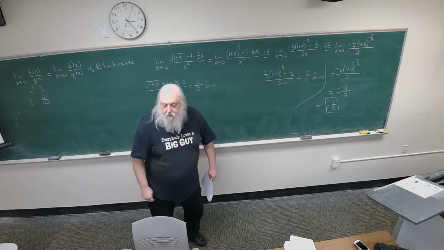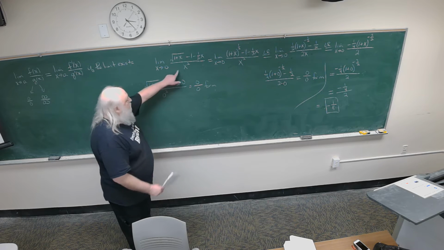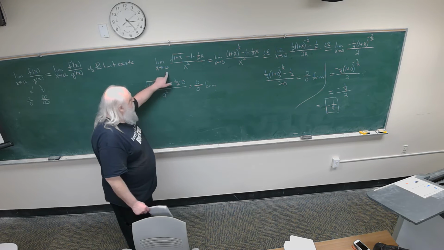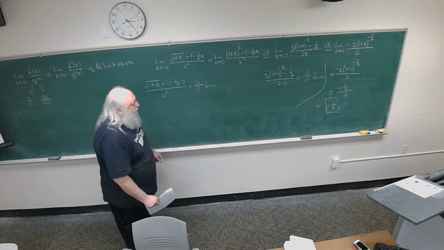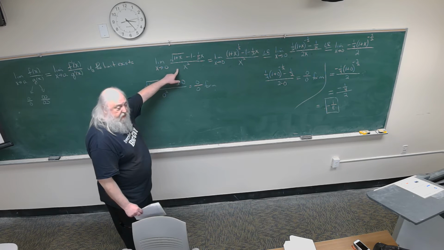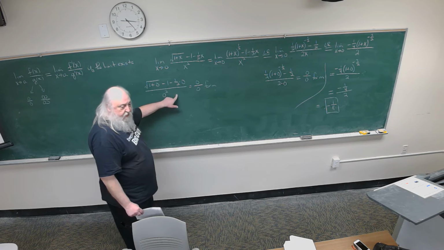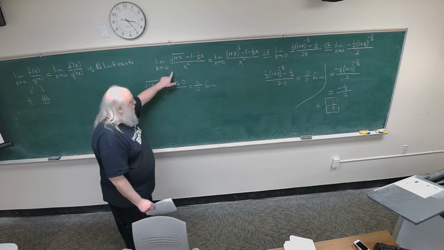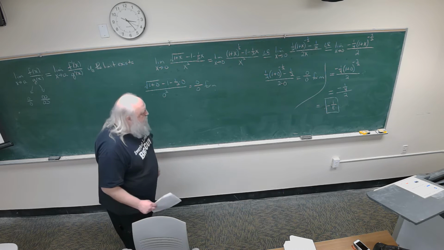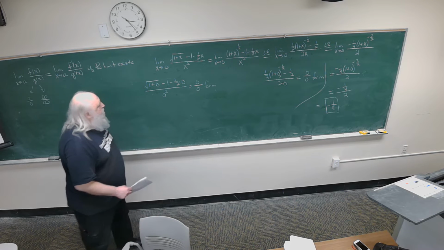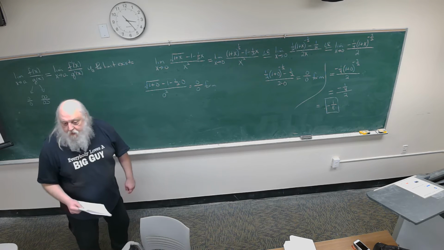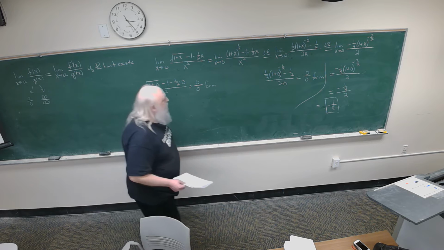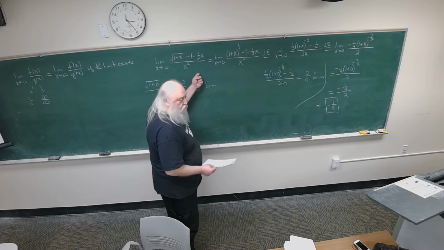Any questions on it? Okay, so for this function, the limit as x approaches 0 is equal to minus 1/8. This function is undefined at x equals 0. We showed that right here, but the limit still exists. In evaluating a limit, you can apply L'Hopital's rule more than once.